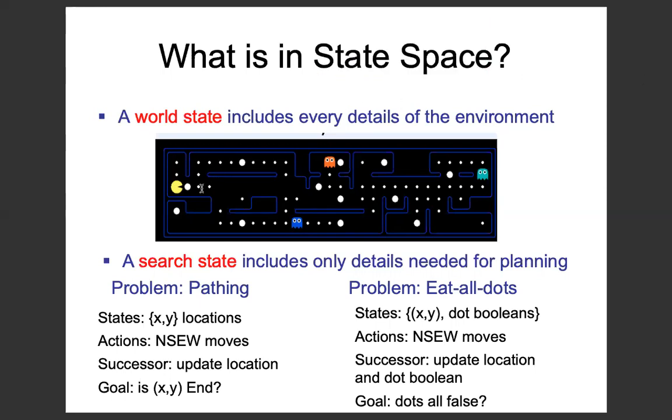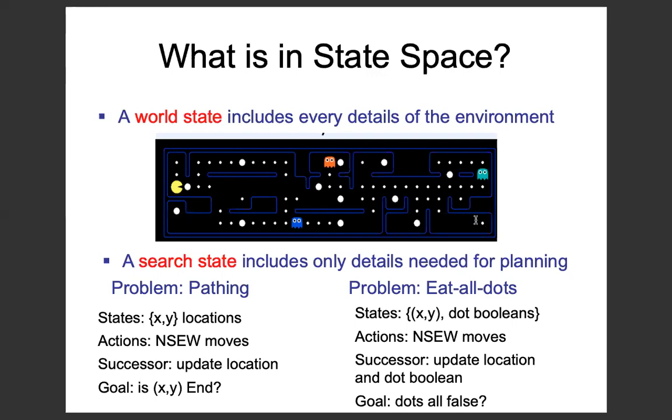So according to this Pac-Man, this is your initial state, and this would be your last state. And you're going to eat each and every dot from this board. At the starting, your Pac-Man is in your initial state.